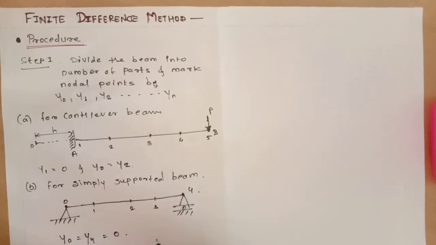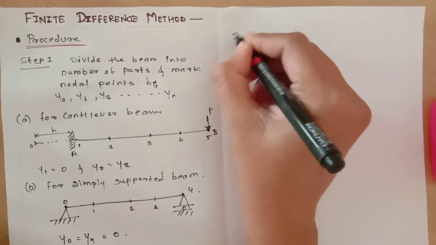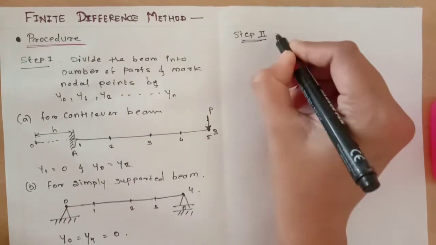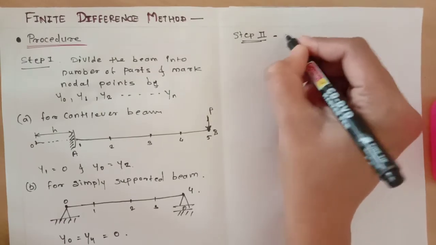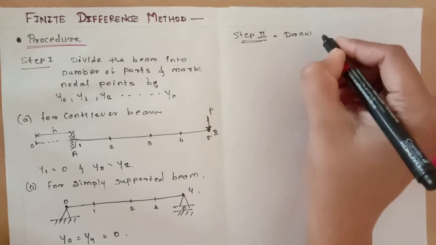Okay. The next step is step number 2. The second step is to draw the bending moment diagram for the given loaded beam.